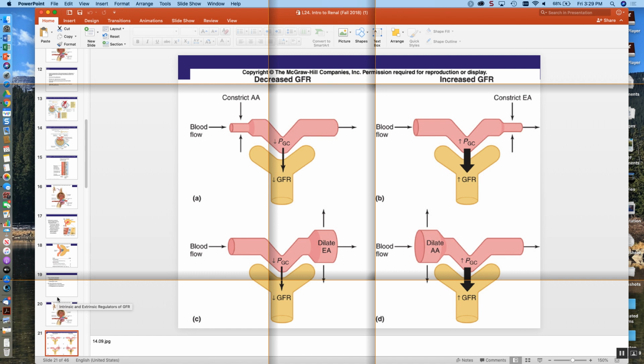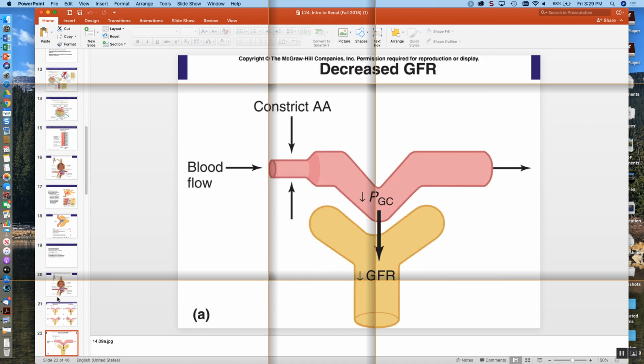Let's see, but I do want to go through some of these particular figures that we've talked about before. Some people have an intuition about it. This is just about plumbing. I'm just telling you, this is just a plumbing issue. So when you constrict the afferent arterioles, you're going to actually reduce the hydrostatic pressure in the glomerular capillaries, which essentially reduces glomerular filtration rate.